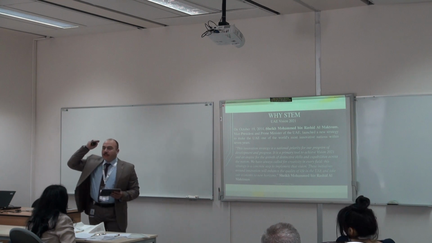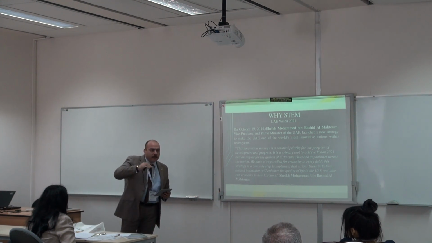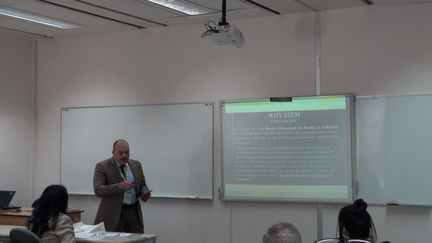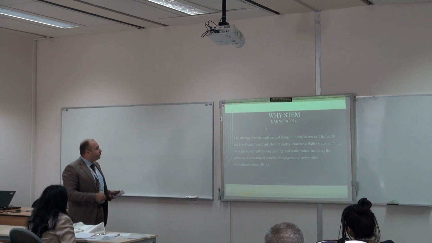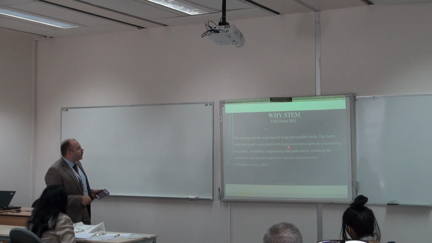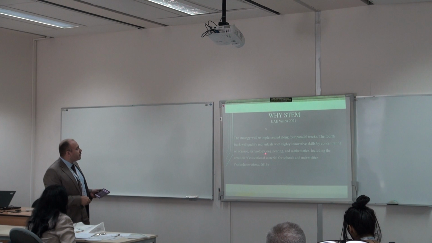And he identified 4 tracks to apply his strategy. The 4th track, the most important one for us, will qualify individuals with highly innovative skills by concentrating on science, technology, engineering, and mathematics, including the creation of educational material for schools and universities.